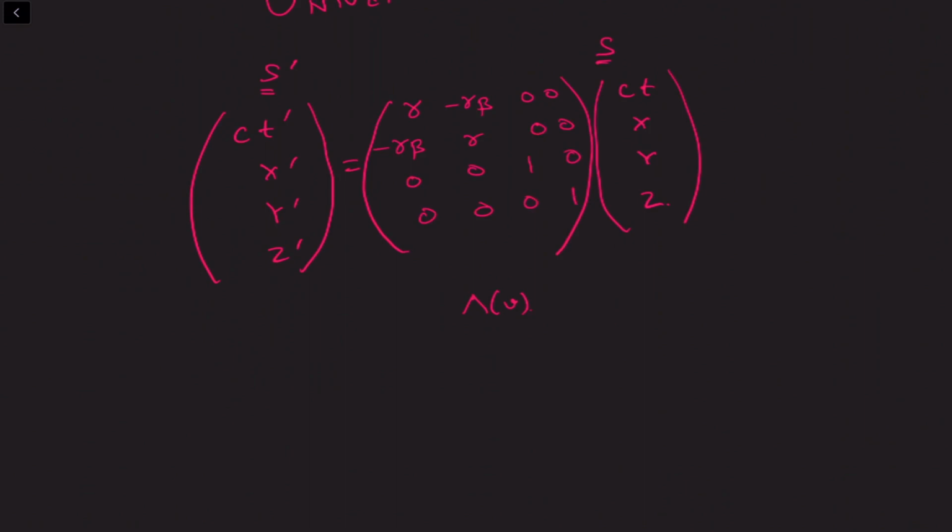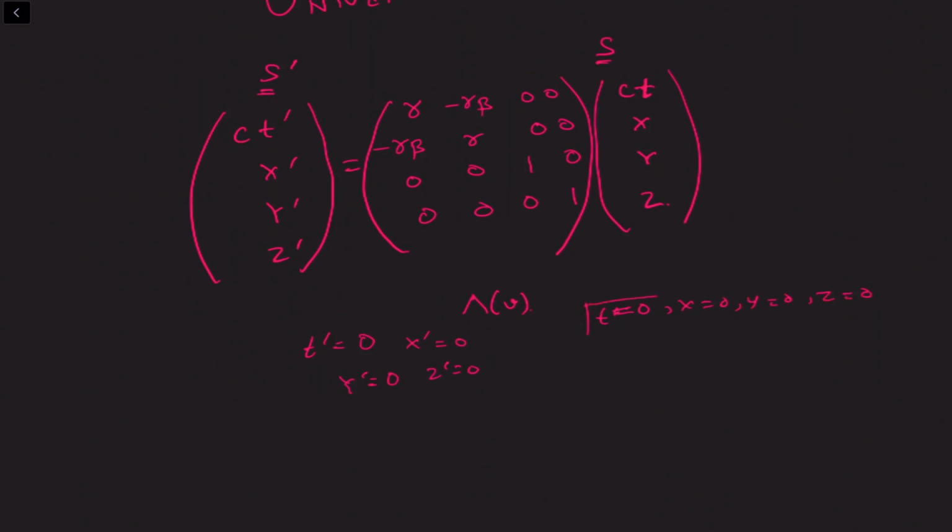And this, of course, relied on the fact that we're using a special origin for the observer S prime. We're assuming that the origin of S prime is chosen such that t prime is 0 and x prime, y prime, z prime are 0 at the point where t is 0, x is 0, y is 0, z is 0.